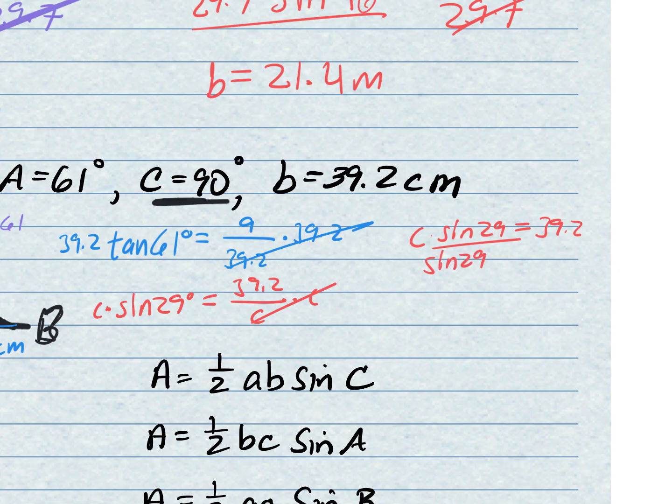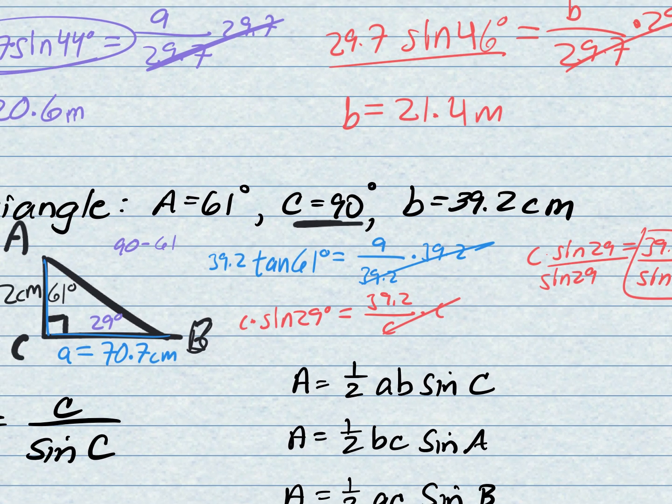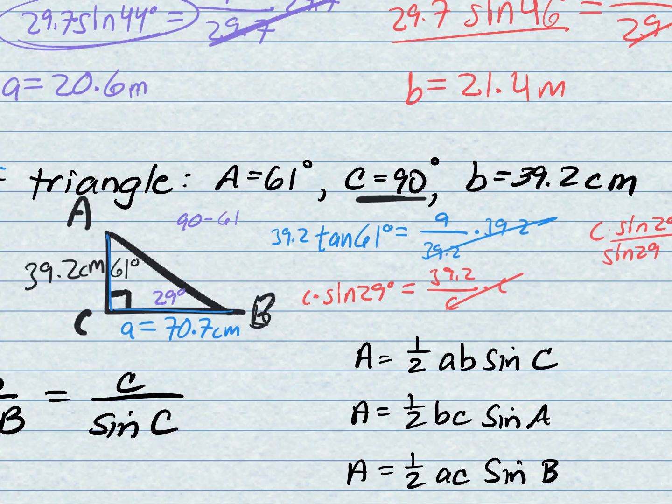And then I can divide sine of 29 on both sides. Once you put that in your calculator, it should get you, to the nearest tenth, 80.9 centimeters for side C.